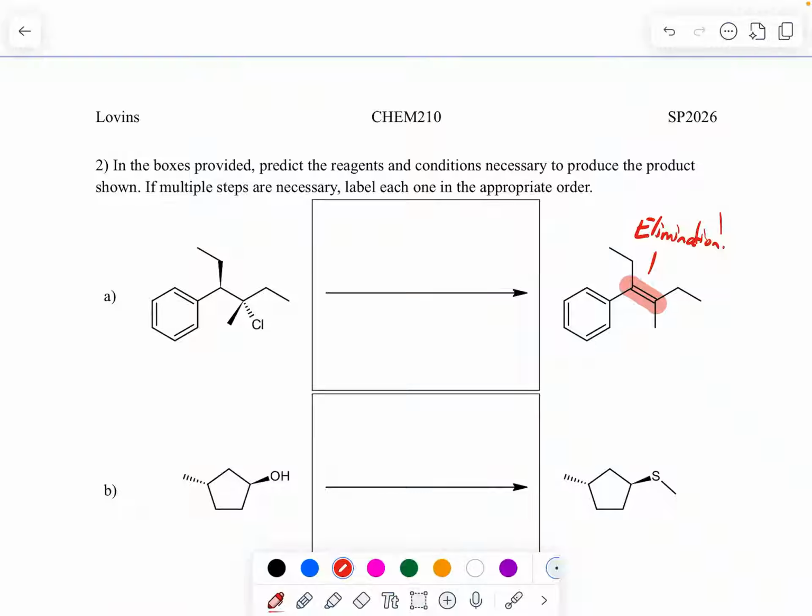Whenever we look at this and we ask ourselves about the elimination, keep in mind that knowing that it's an elimination still leaves us with two choices. Is it an E1 or is it an E2? The question about E1 or E2 can be answered in a couple of ways, because remember, the premises of each one differs based on which alkene they can form.